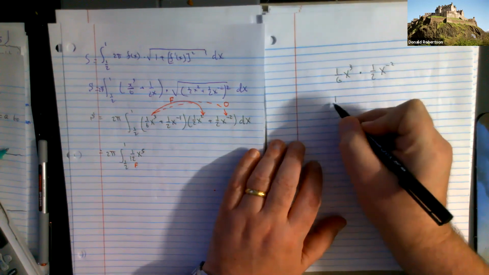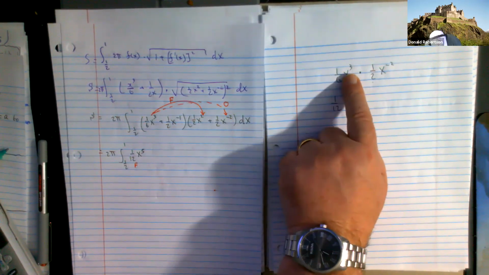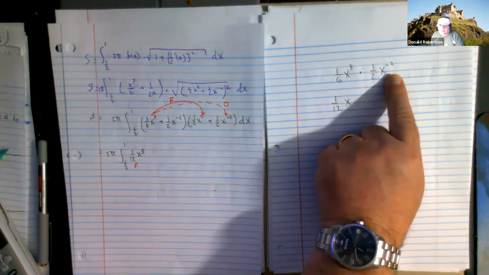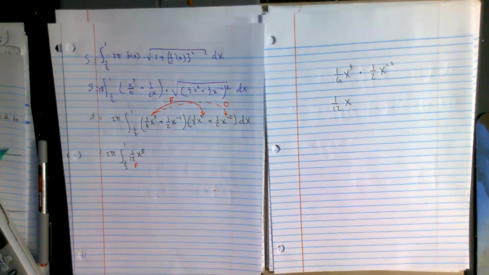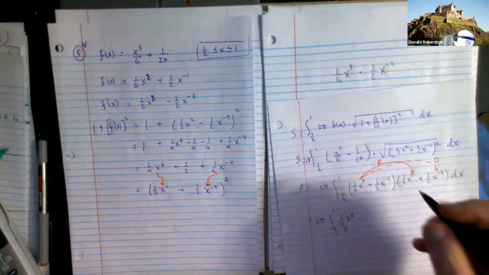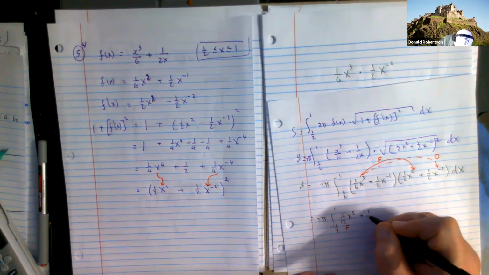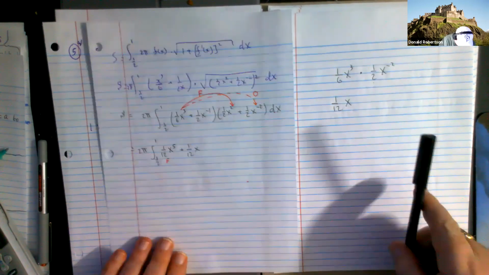That's going to get me 1/12. But what power of x do you get when you multiply an x cubed with an x to the -2? Just 1. So that there is going to be a plus 1/12 x to the 1. And that's the one we're calling O.